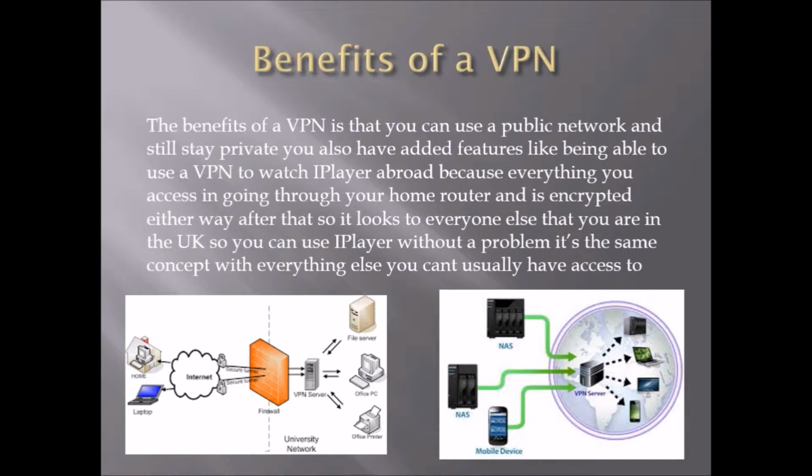Through a VPN, your location's unknown. It's only the location where your home router is. That's the location that the VPN shows when it's being used. So you can be using things like BBC iPlayer or YouTube or any other thing that's not allowed in the location you are at right now.